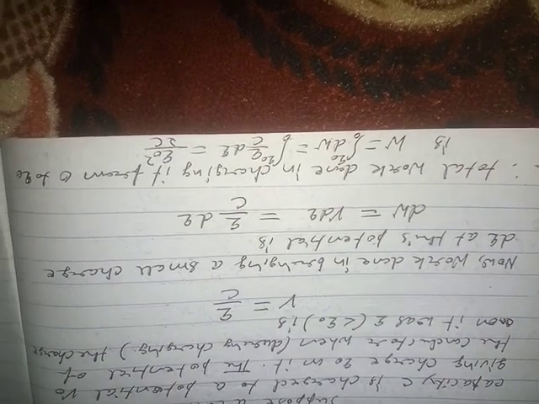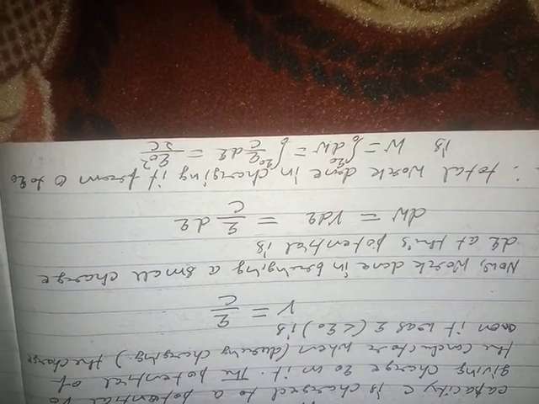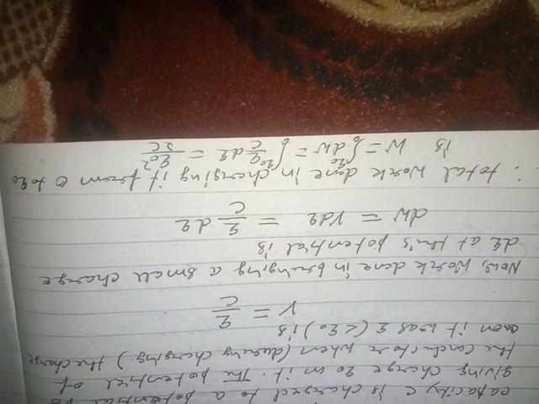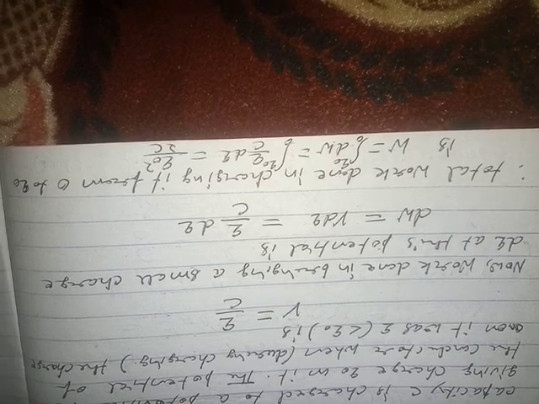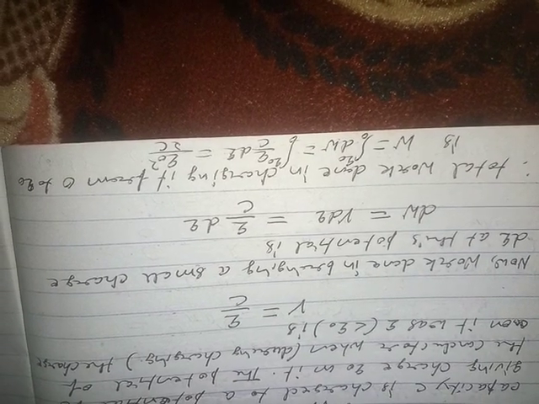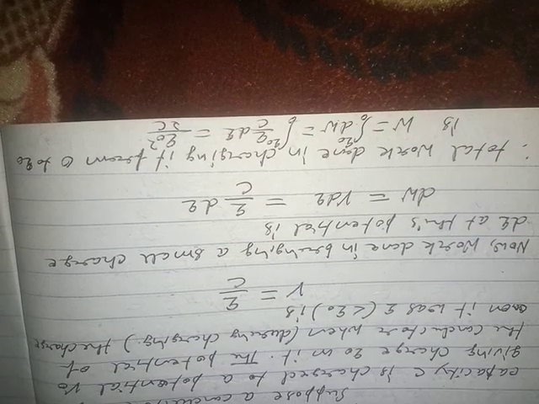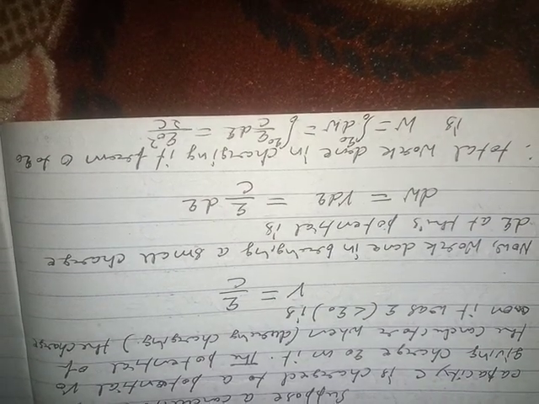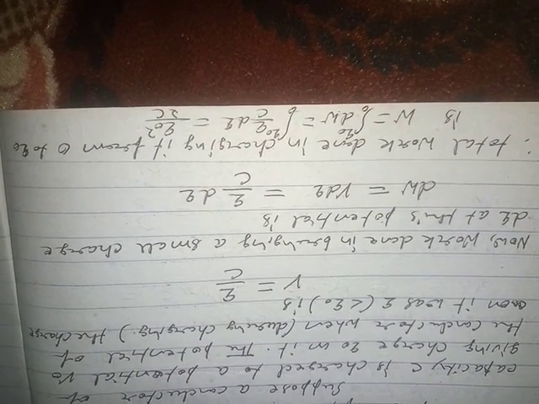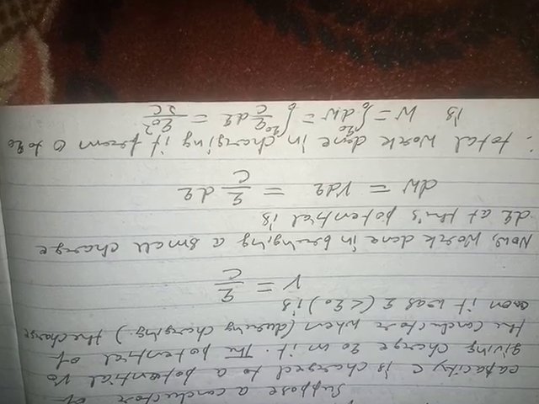Hence total work done in charging it from 0 to Q0 is W equals integration 0 to Q0 dW equals integration 0 to Q0 Q by C into dq equals Q0 square by 2C.